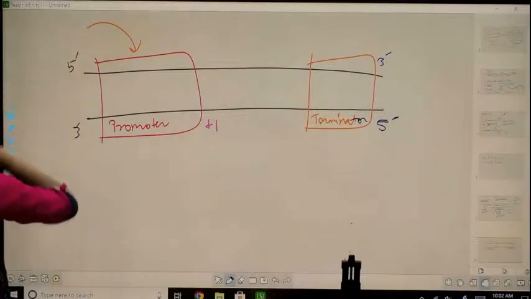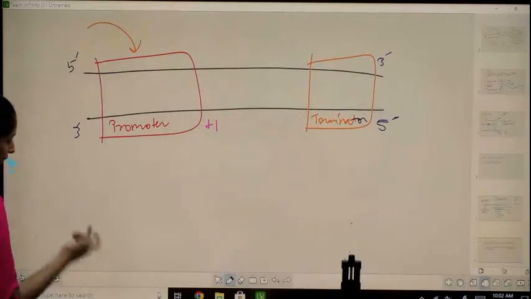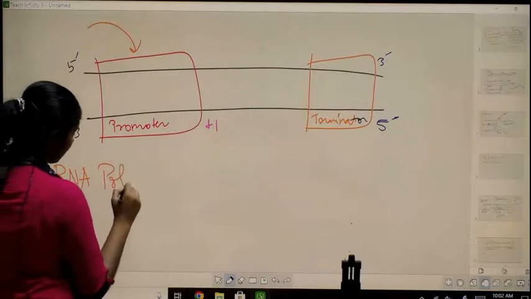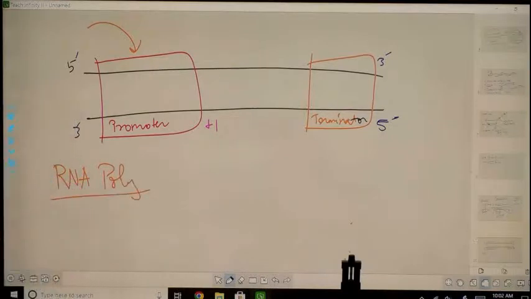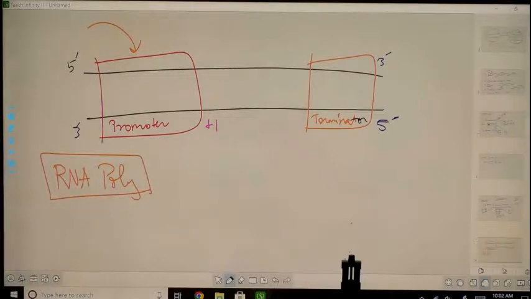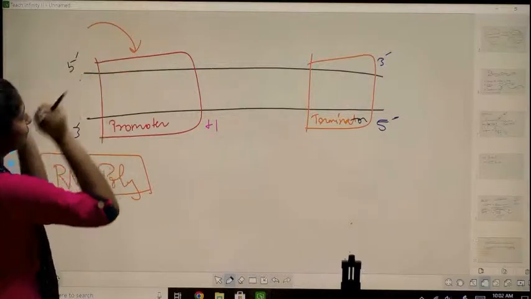So what is the enzyme that is required here? We are producing RNA, right? So it is RNA polymerase. RNA polymerase is a DNA dependent enzyme because it depends on DNA to produce the RNA. So RNA polymerase and transcription factors would bind to the promoter.